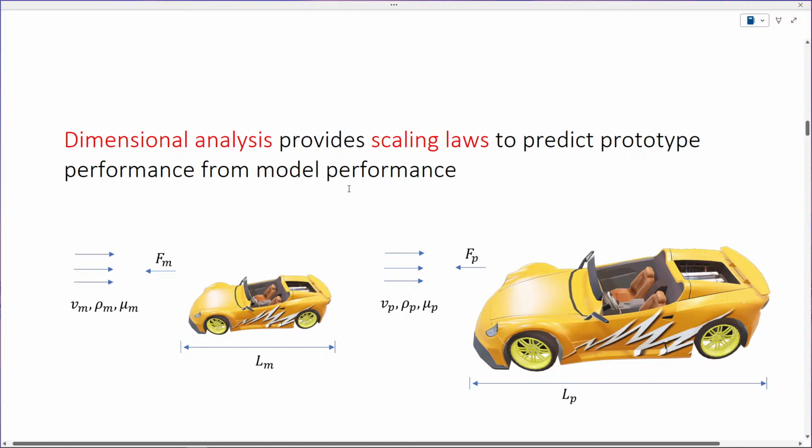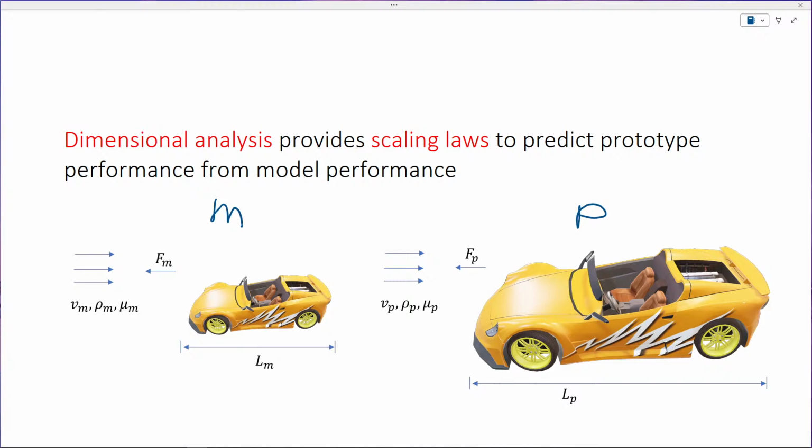Dimensional analysis provides a scaling law to predict prototype performance from the model performance. So let's say we have again this car, that's our prototype. Here this is our P, prototype, and this is our M, our physical model. This is the length of the prototype.